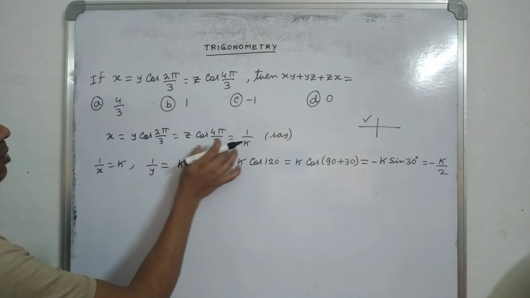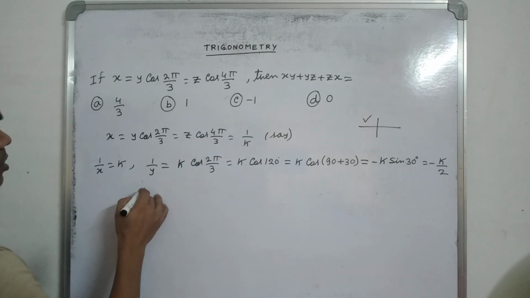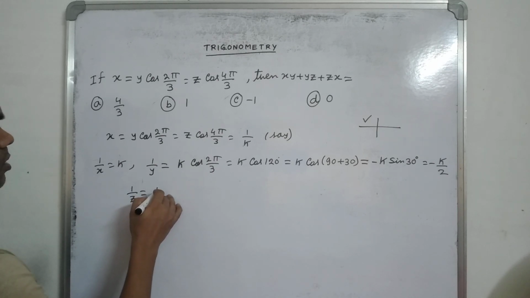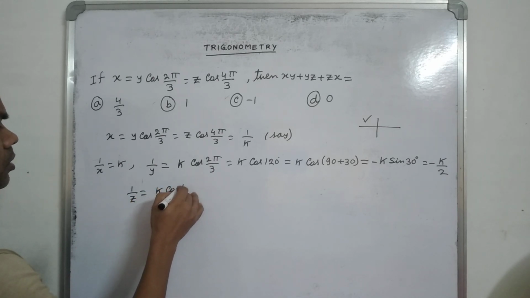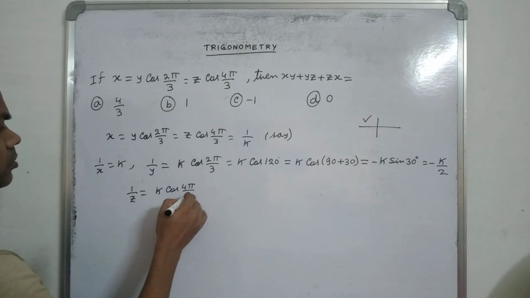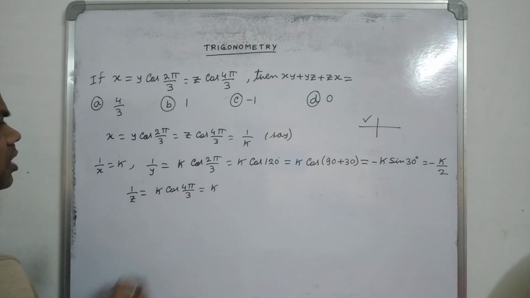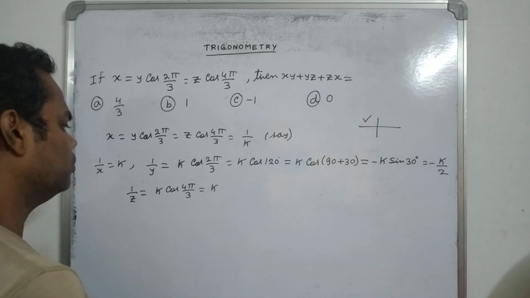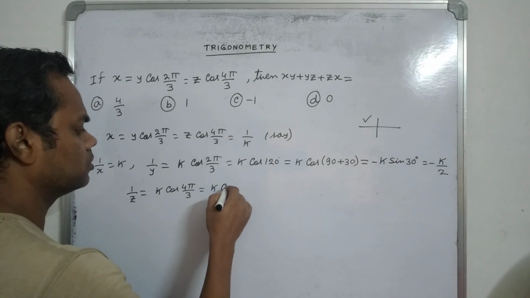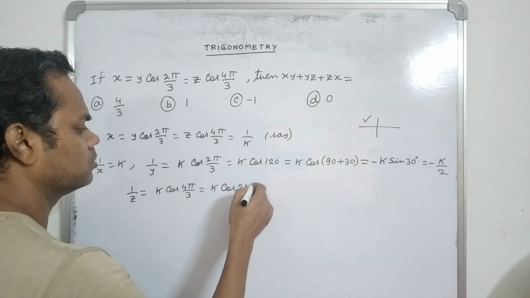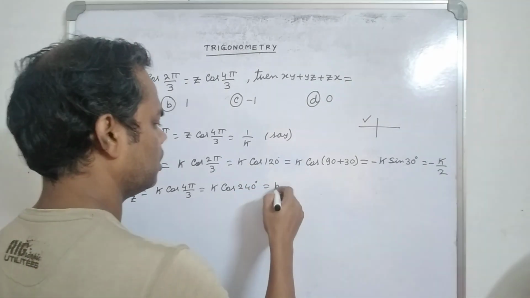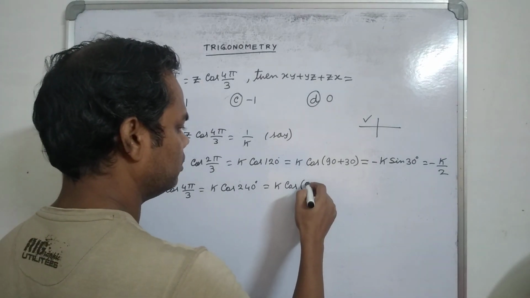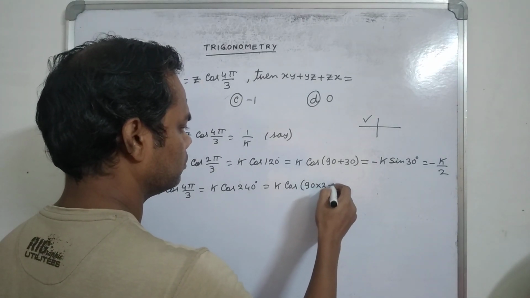And z cos 4 pi by 3 equals 1 by k. So 1 by z equals k cos 4 pi by 3. That is 60 into 4, 240, so k cos 240. 240 can be written as 90 into 2 plus 60.